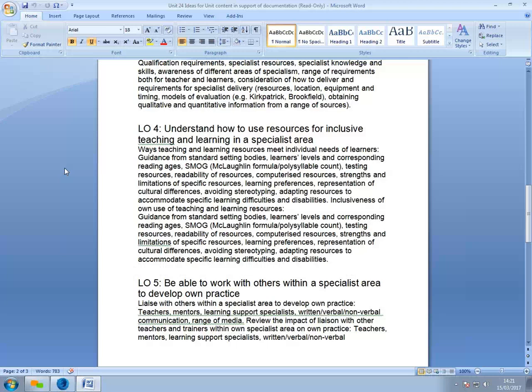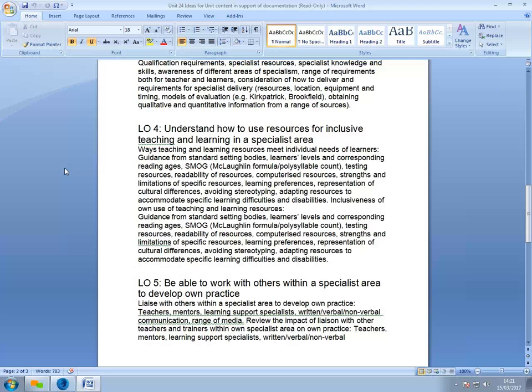So that's an example. Most of you probably won't meet that. Presentation of cultural differences, avoiding stereotyping, adapting resources to accommodate specific learning difficulties or disabilities. Again, unless you're teaching in that area, it's probably something you'll not be involved in.